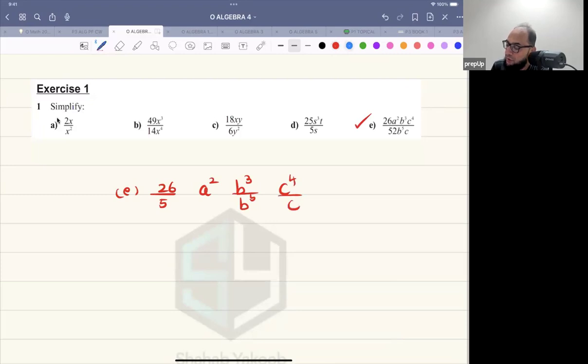So now when we do the simplification, this remains as it is, this remains as it is. b cube over b power 5 will become b power 2. c4 over c will become c cube. So this is c cube, this is b square, this is a square, this is 26 over 5, and that is the answer.